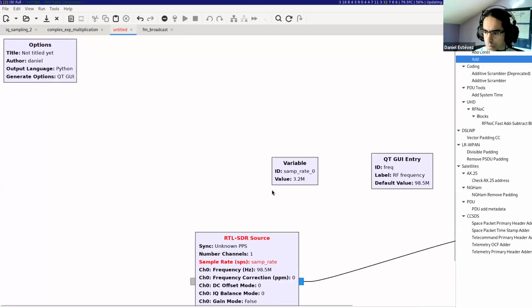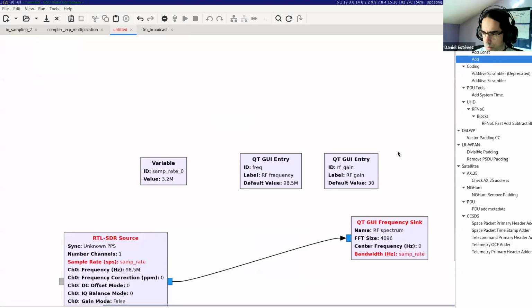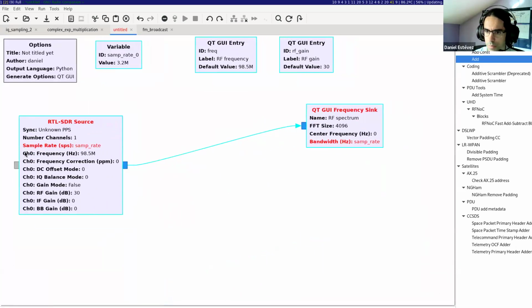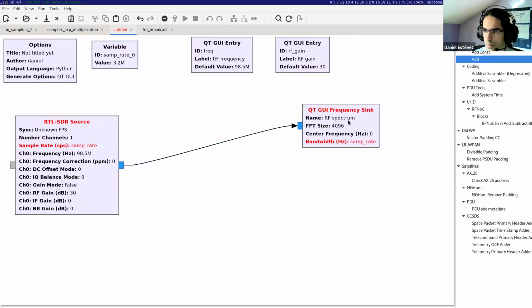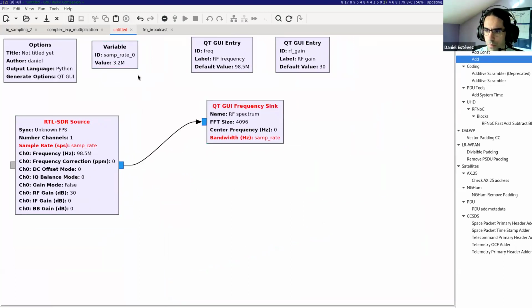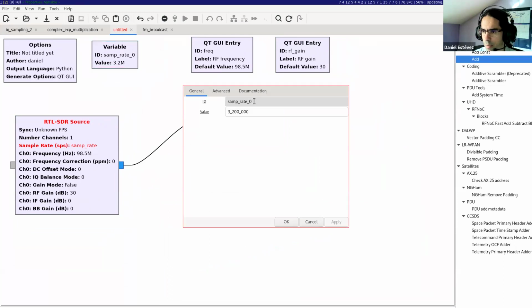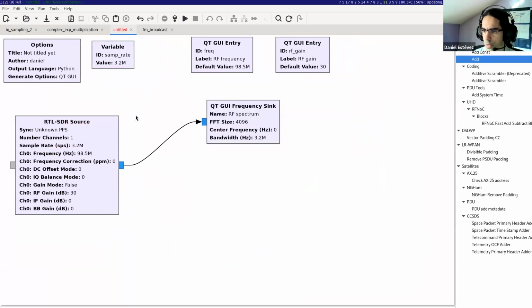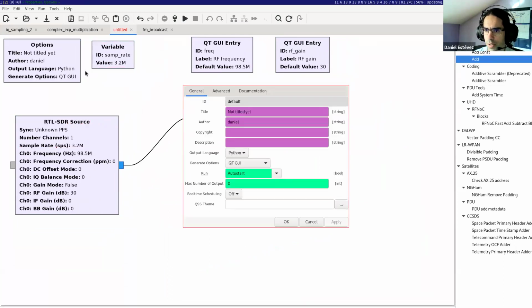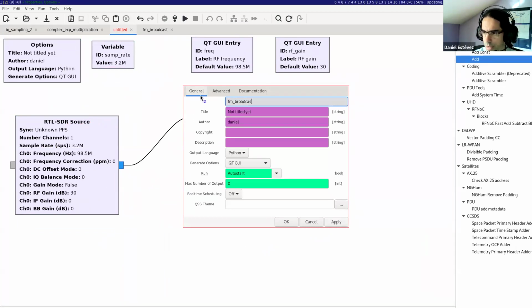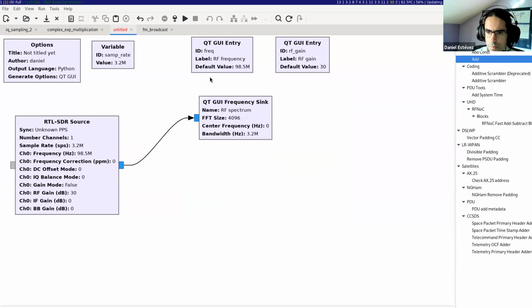So more zoom. And then sample rate. So what do I have here? I have, it's saved before.